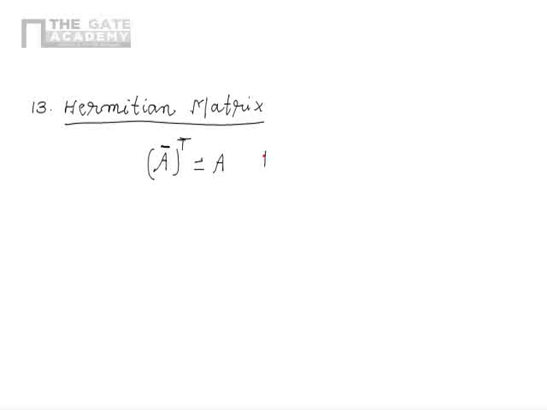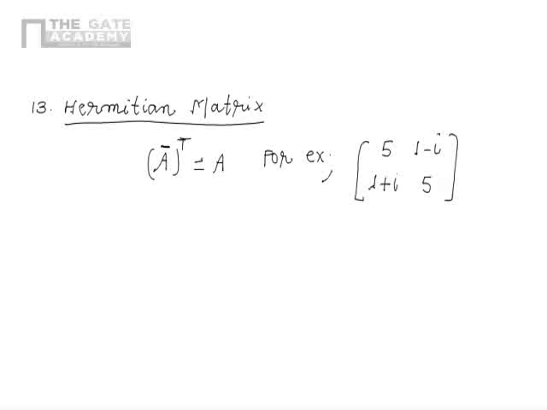For example, 5, 1 minus i, 1 plus i, 5. So this is just an example of a 2 by 2 Hermitian matrix.